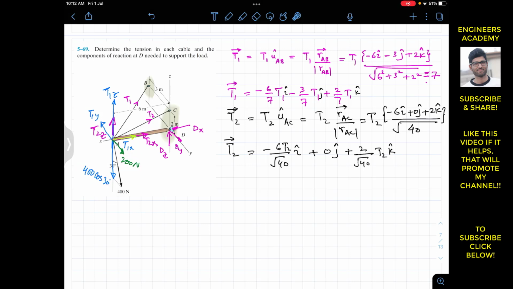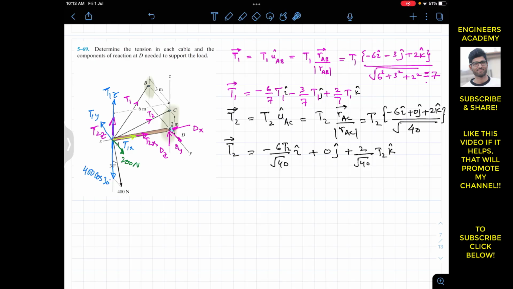Now we are required to find T1 and T2. If we find the moment about the z-axis, we will be able to find T1 magnitude directly. Since if we find the moment about the z-axis, all these three reaction force components are passing through the z-axis, and T1x and T2x are passing through that z-axis, and T1z and T2z, this pink one is T2z, are parallel to the z-axis.